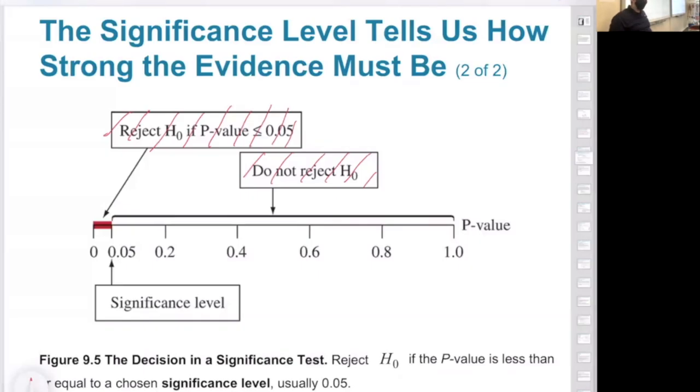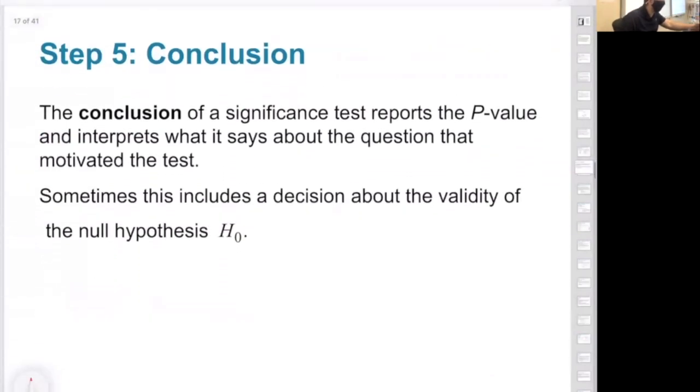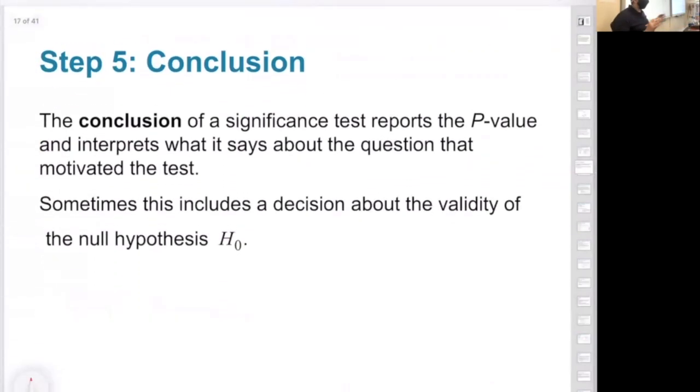Of course, we can change the significance level, instead of 0.05, to 0.01 or 0.1. In that case, you compare the p-value with the new significance level: if it's less than or equal, you reject H naught; if it's greater, you don't reject H naught. Same idea.